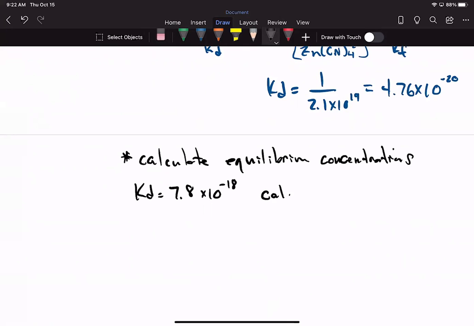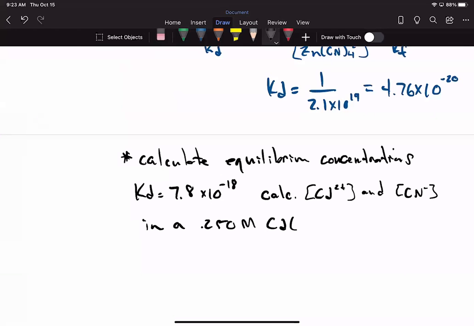And I'm going to have you calculate the concentration of cadmium and the concentration of cyanide in a 0.250 molar solution of cadmium cyanide.